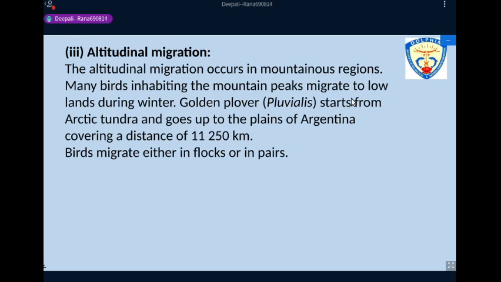Okay, so there are certain birds that inhabit the mountain peaks, but they migrate to lowlands during the winters, because during the winters, what is going to happen? Can anyone tell me? Why will this altitudinal migration be followed by certain birds? Any one of you?